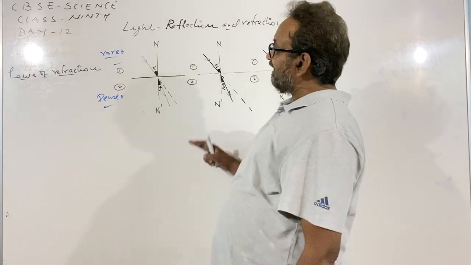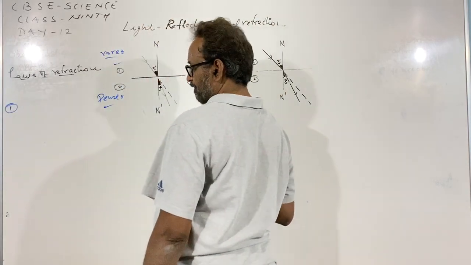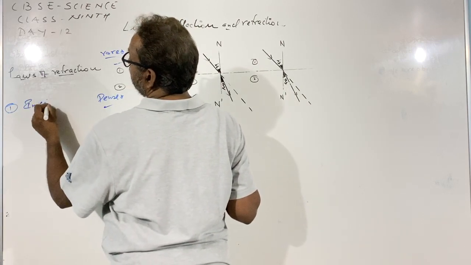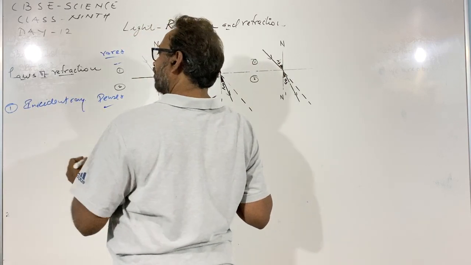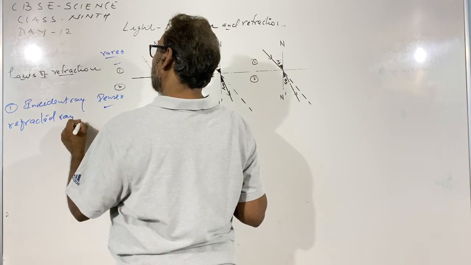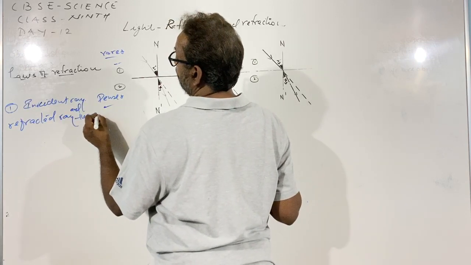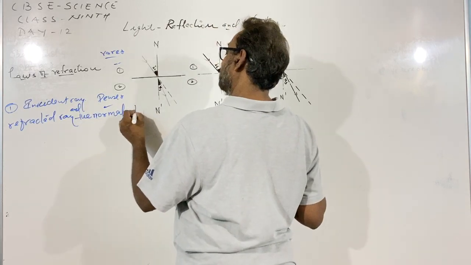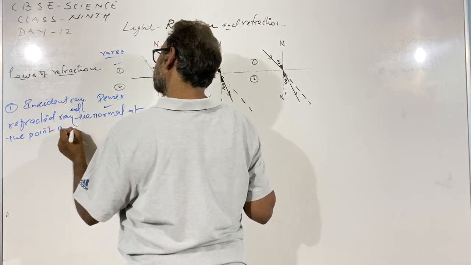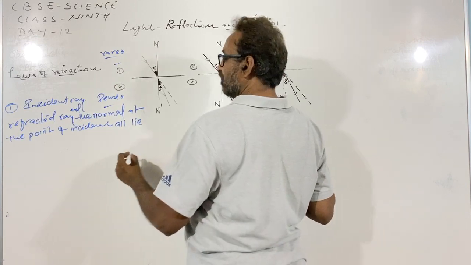Now, there are two laws of refraction. The first law states that incident ray, refracted ray, and the normal at the point of incidence all lie on the same plane.